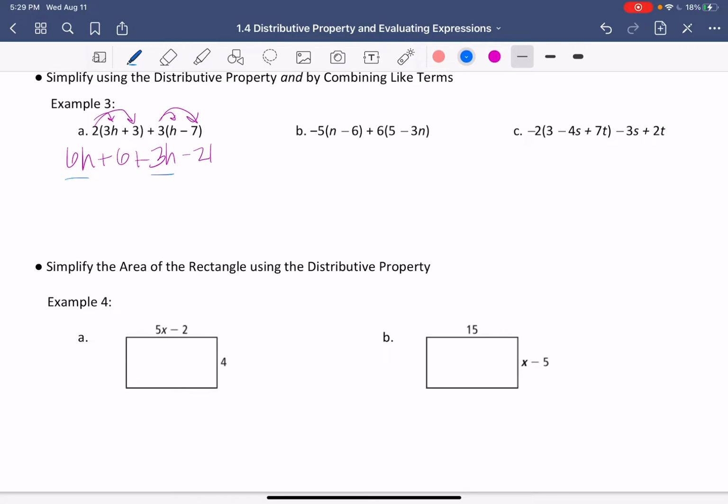Remember, those variables and exponents have to be exactly the same. And we have 6 that can be combined with -21. So 6h plus 3h is going to give us 9h. And 6 minus 21 is going to give us -15. So 9h minus 15.